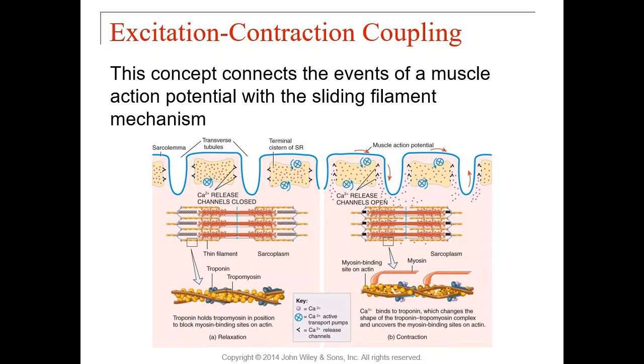Myosin heads hydrolyze that ATP to form the cocked position, bind actin to form the cross bridge, pull actin towards the M line in the power stroke, bind another ATP to release it, and repeat over and over again until you've hit maximum contraction.